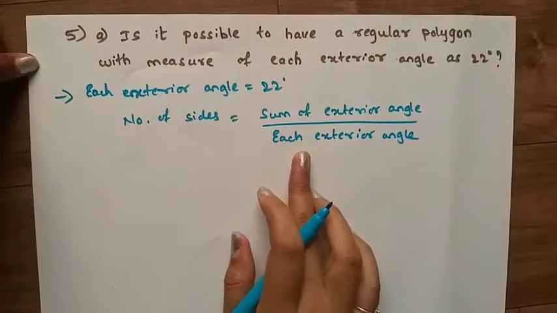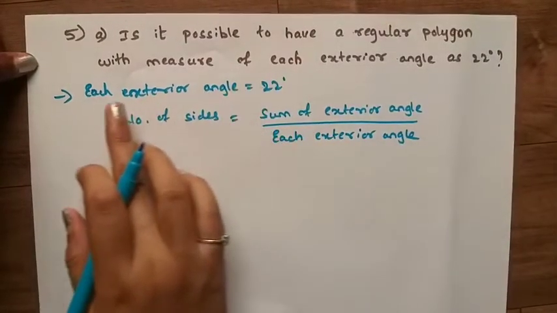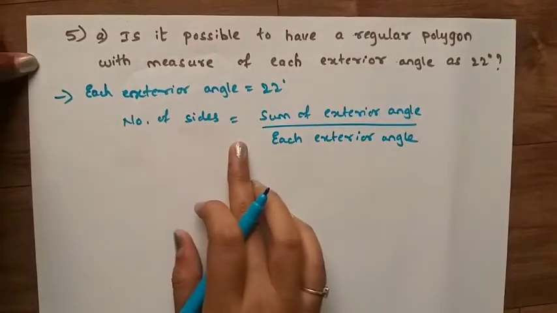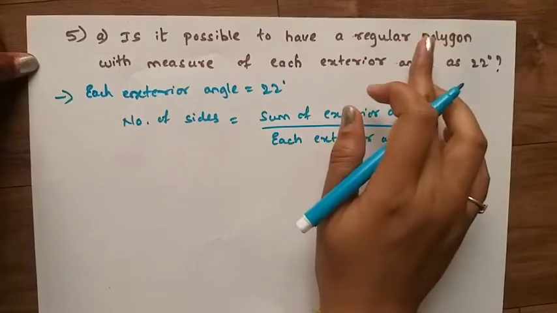I am applying this formula because in the question they gave the condition that each exterior angle value is 22 degrees. Without knowing the number of sides we cannot say whether it is a regular polygon or not.